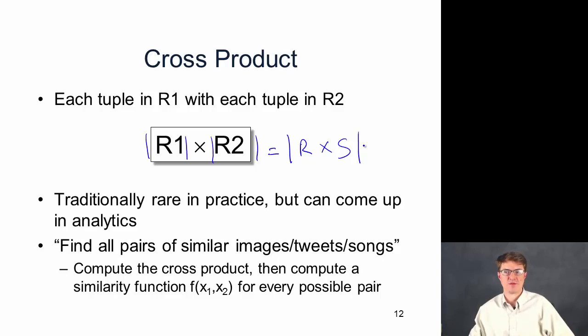So for example, if you want to compare 2 images for similarity, you have 2 faces and you're trying to see if they're the same face, and you've got a piece of code that can do this. You have two big tables full of images, or just collections of images. Well, generating all possible pairs and applying the function is always a reasonable way to do this.